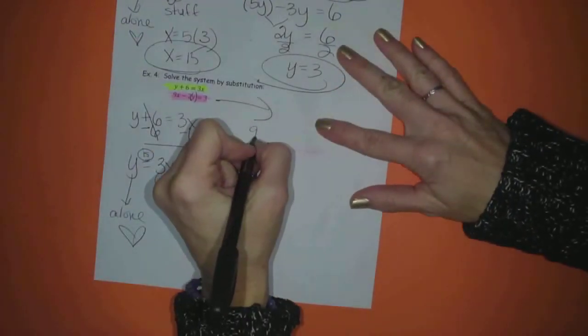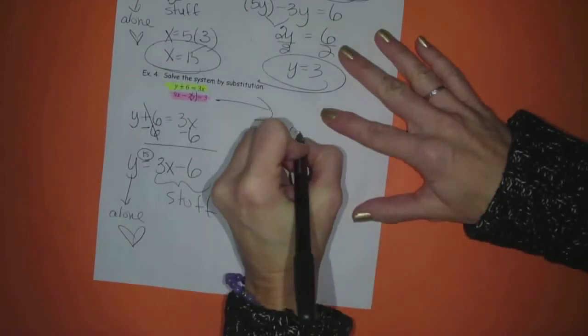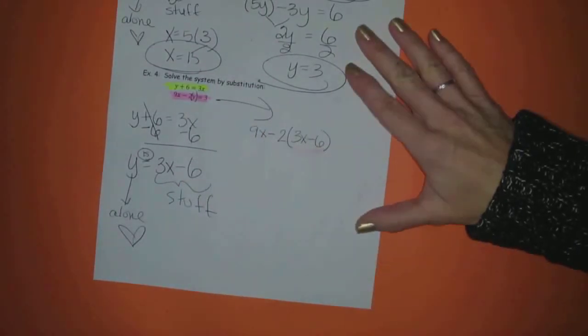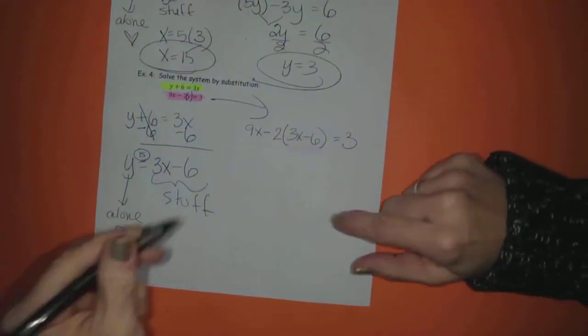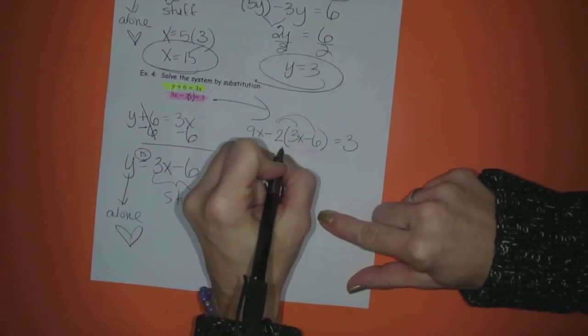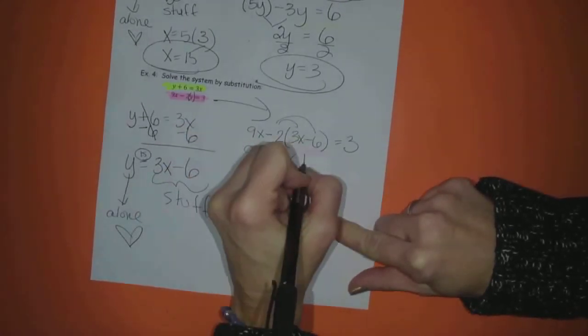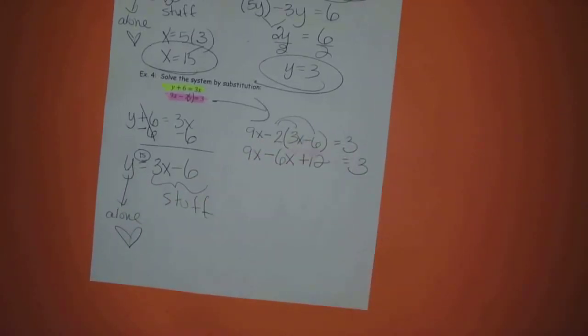So we're going to have 9x minus 2 parentheses 3x minus 6 equals 3. Finish it. Distribute. Ding dong. 9x minus 6x plus 12, catch that, negative times negative, equals 3.